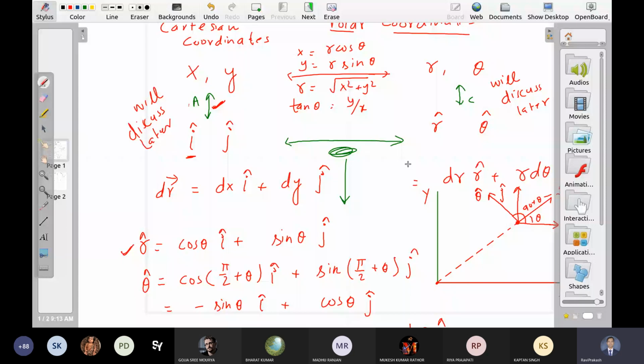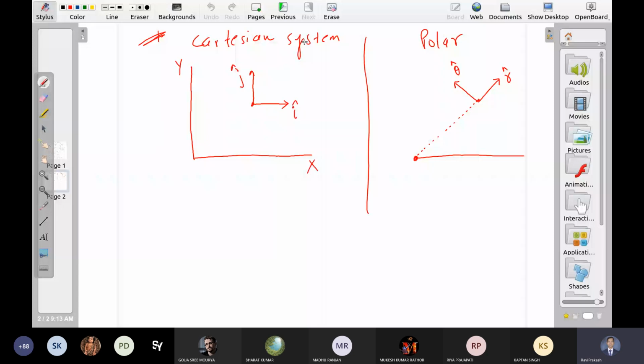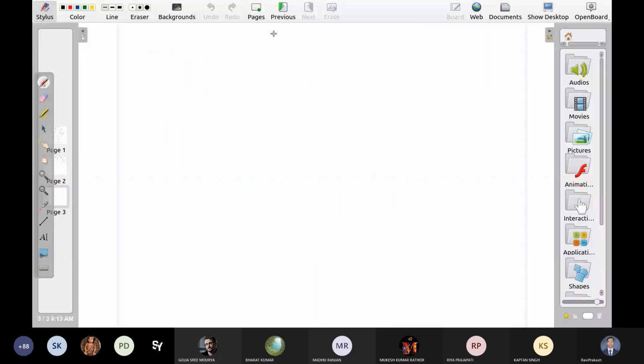Now let us come to the main topic of the syllabus. Gradient. So gradient, sorry guys, is actually an operator.